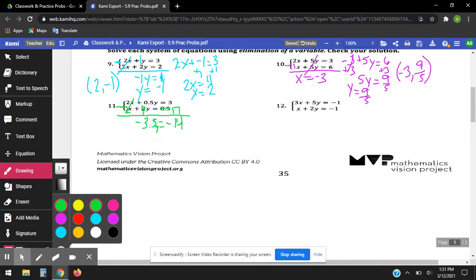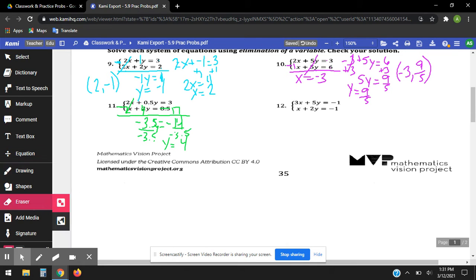Oh, forgot my y there. So divide by negative 3.5. 14 divided by 3.5 is 4. So y equals 4 in this case. And so if I go back to my original, erase this for a second. Okay, so I had x plus 2y.